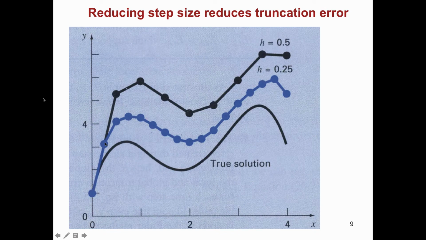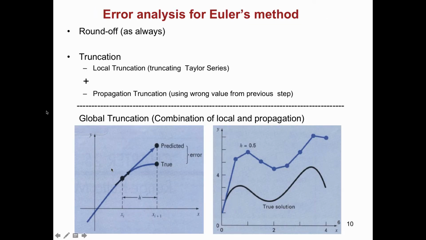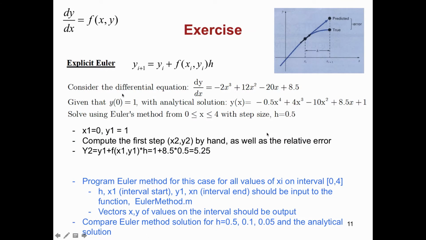Here, I'm starting from this value, not the true value. Okay? So because I'm starting from this value, at this step I'm making a truncation error again, but I also have an error from the previous step, and that we call propagation error. So it piles up by the end. So all those together give me the global truncation error, which is a combination of both local and propagation error.